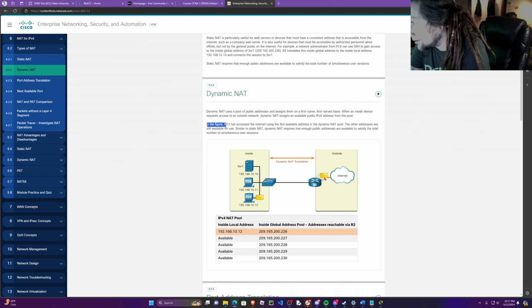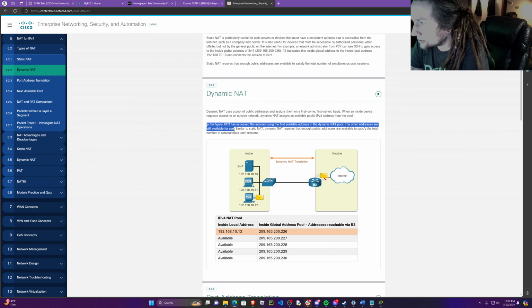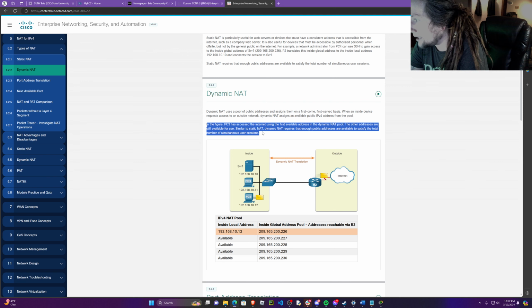In the figure, PC3 has accessed the internet using the first available address in the Dynamic NAT pool. The other addresses are still available for use. Similar to Static NAT, Dynamic NAT requires that enough public addresses are available to satisfy the total number of simultaneous user sessions.